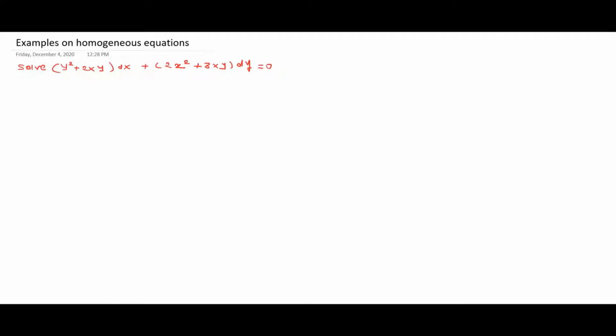So in this case the power of y is equal to 2. Here the power of x is 1 and y is 1, so 1 plus 1 is equal to 2. Here also it is 2, 1 plus 1 is equal to 2. Therefore this is a homogeneous equation of degree 2.